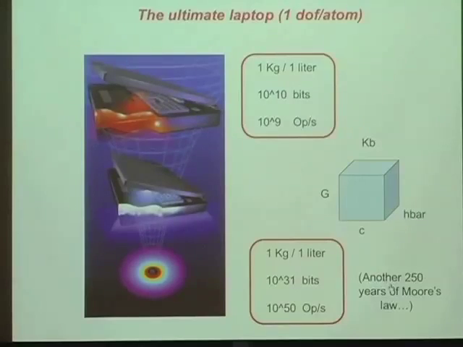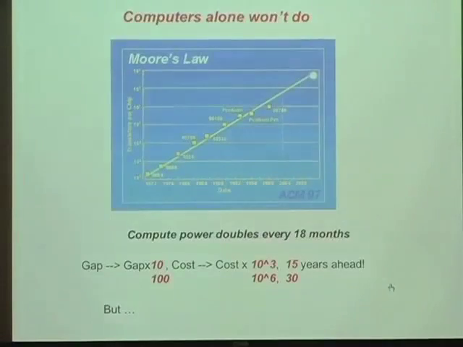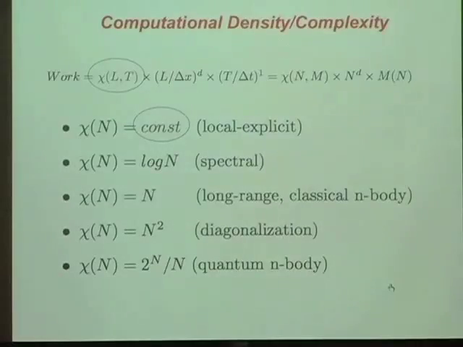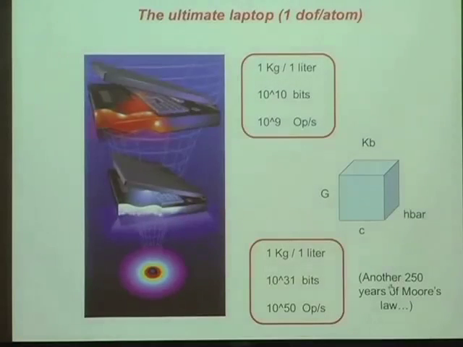So if this ultimate laptop could be put in place, I think one could do even this kind of problems. But in order for this to be true, I think Moore's law should go on for about another 250 years.